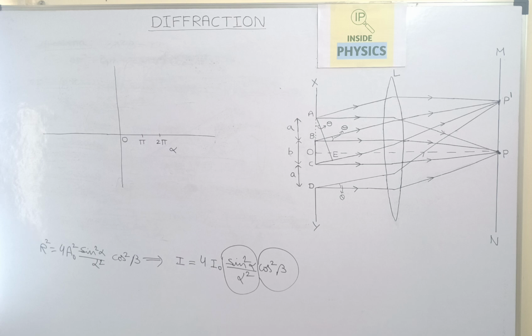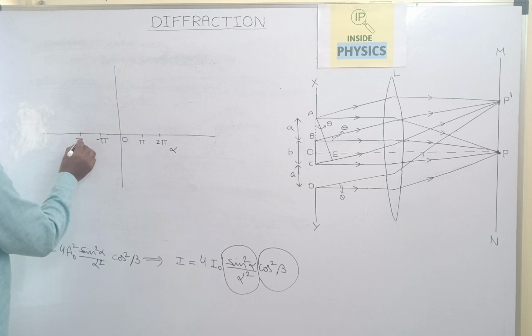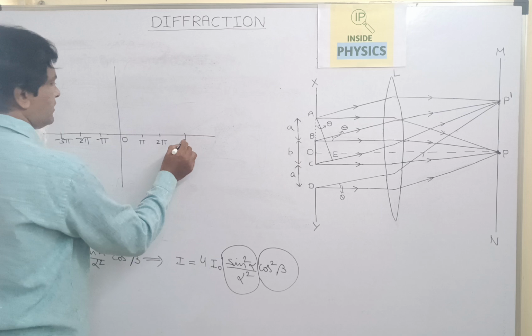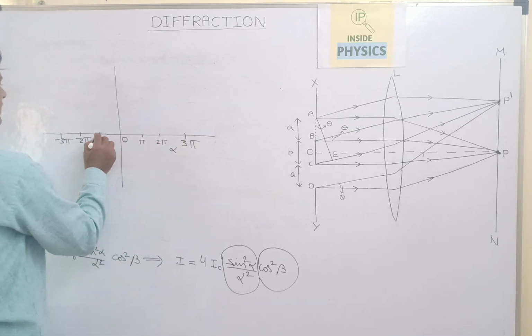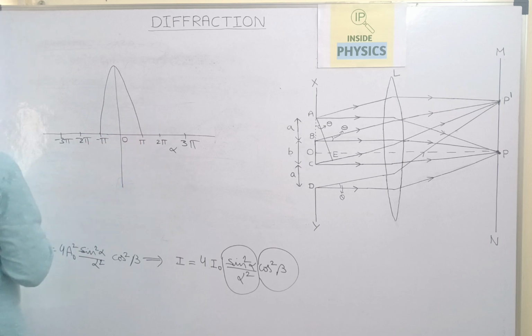If alpha, that means the diffracting angle, is 0, the intensity is the brightest, so a bright spot will appear. On the negative side we can consider minus pi, minus 2 pi, minus 3 pi like this. So the central bright spot will have very high intensity. Another bright spot here, minus pi to pi.